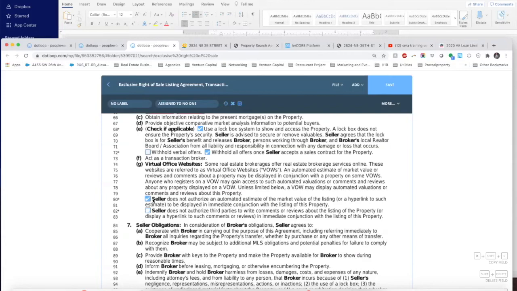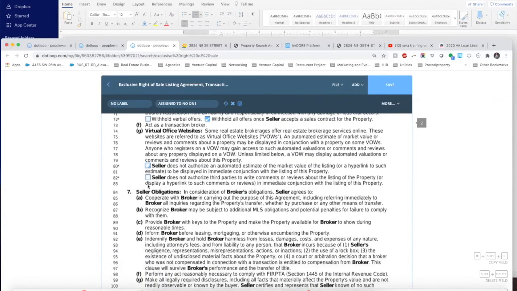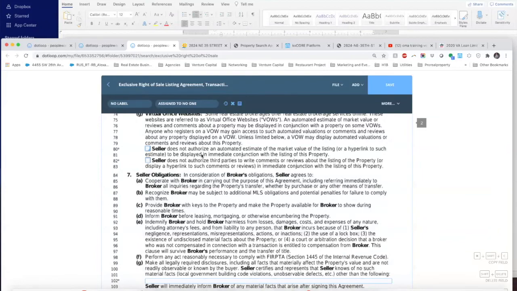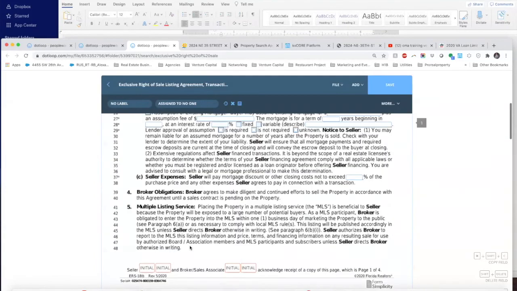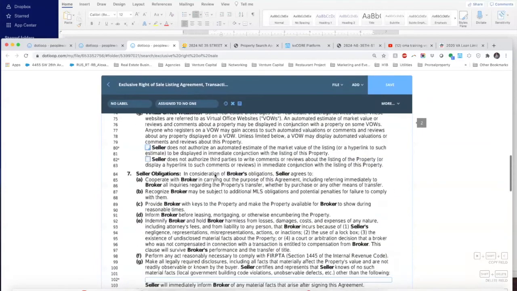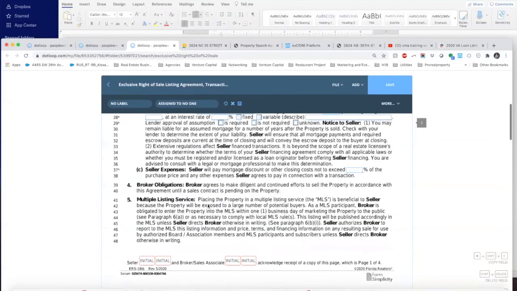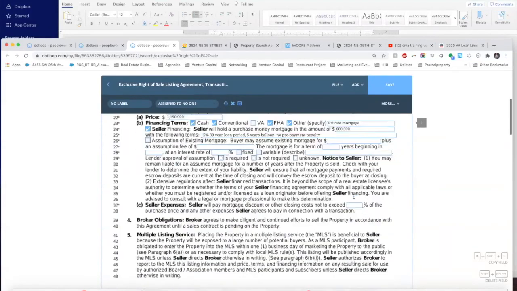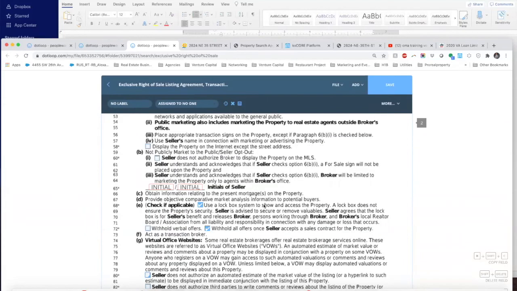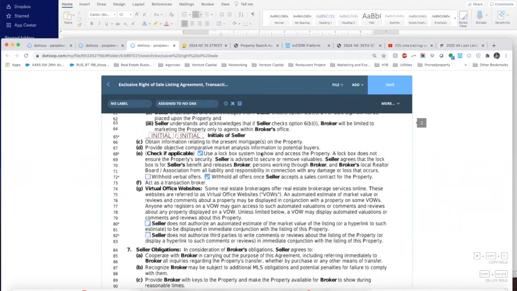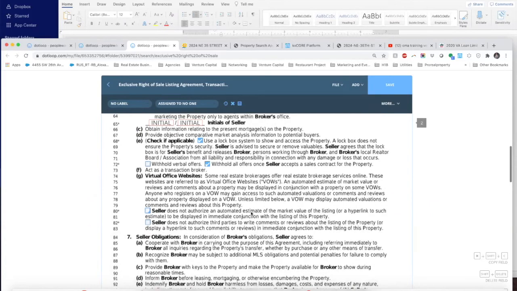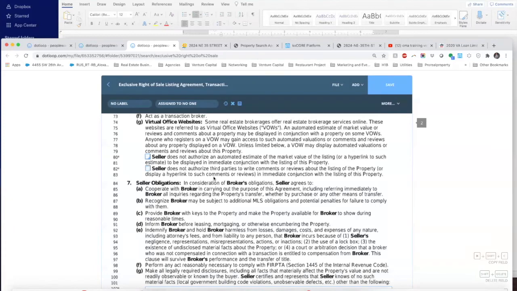Again, I don't suggest it, because people look at Zillow, people look at Trulia, so you can just leave it blank and advise the seller not to check those. When you're signing the exclusive right of sale listing agreement, you are guiding your client, the seller, on what to sign, what not to sign, and you are explaining what everything means. So after we finish this training session, I highly recommend you review it and read it one more time, so you know what it's all about.